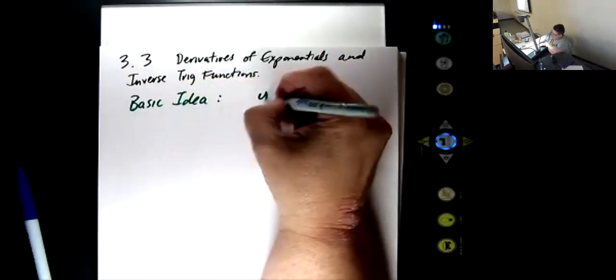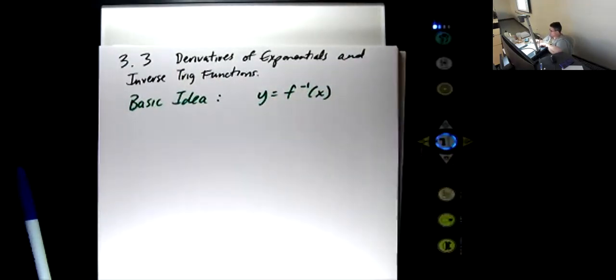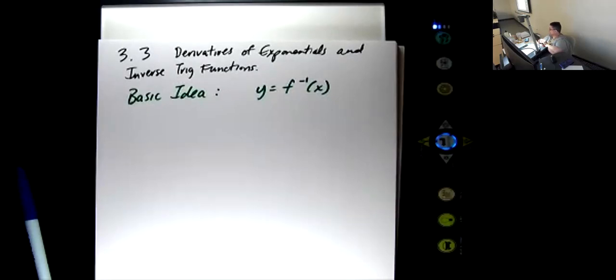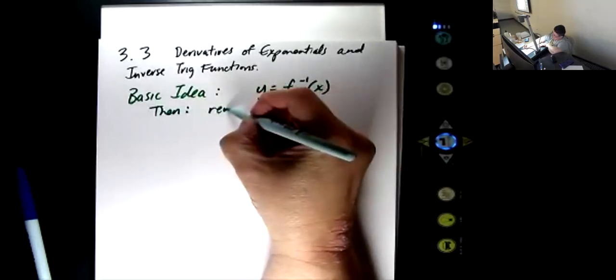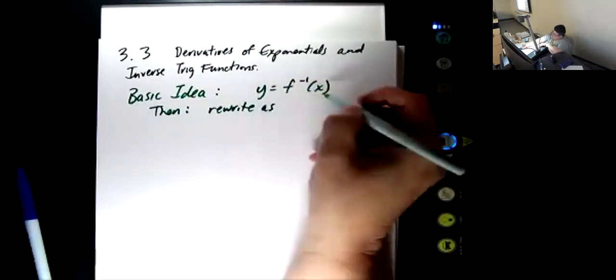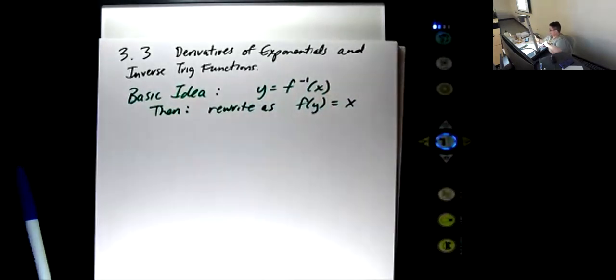We have y and it equals some inverse function. Exponentials are inverse functions, they're inverse functions of logarithms. So these are all in the category of inverse functions. The approach is rewrite as f of y equals x. f and f inverse, or f and f to the negative 1, are inverses.